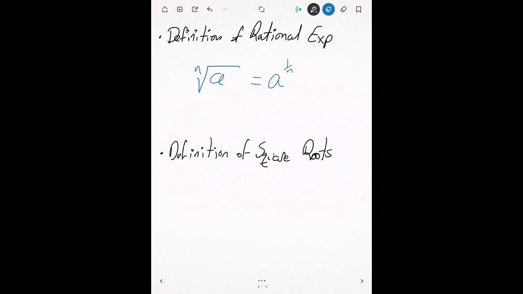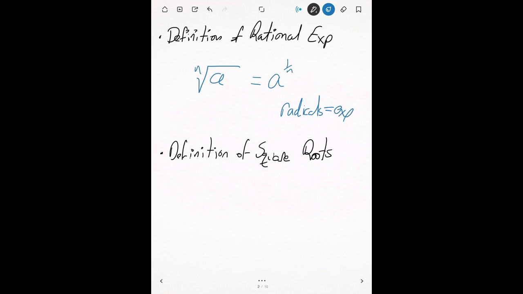If I took the nth root of something, I'm really taking it to the 1 over n power. So really here, we're seeing that radicals are really just a type of exponent. It's a type of exponent, except instead of having this exponential growth, we're breaking it down much more.